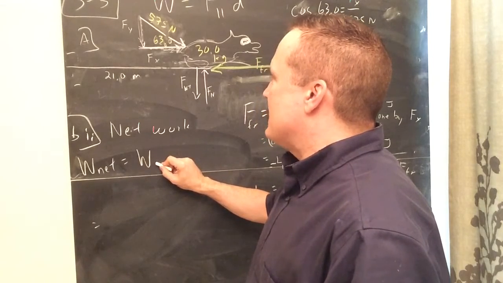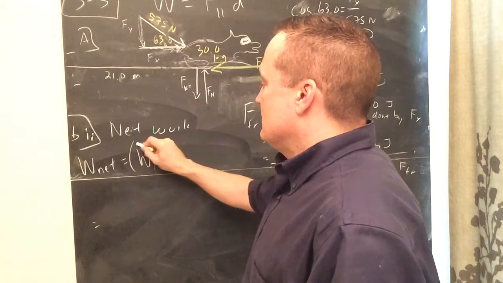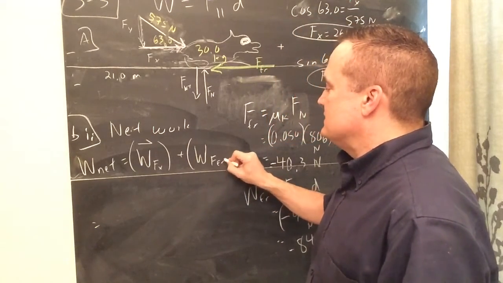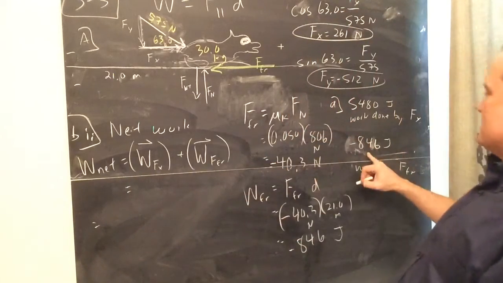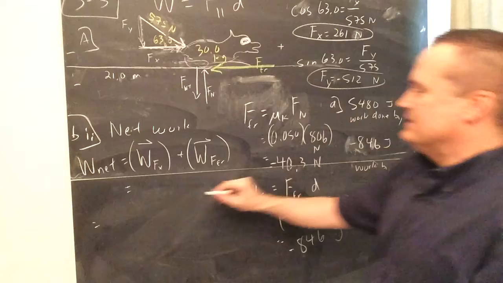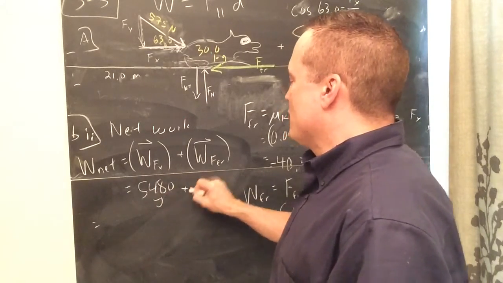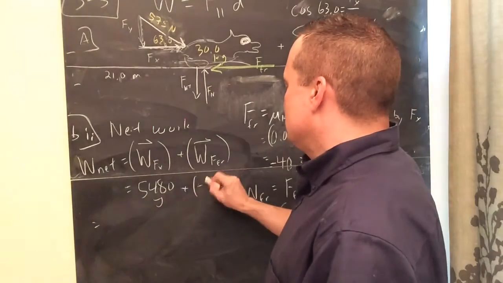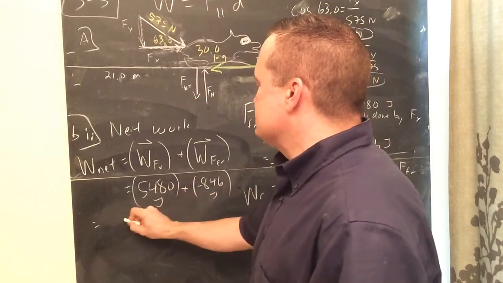So the work done by Fx plus the work done by F friction. And so the work done by Fx was 5480 joules. The work done by friction is negative 846 joules. So you're subtracting them. I like to just always do that, to be careful.